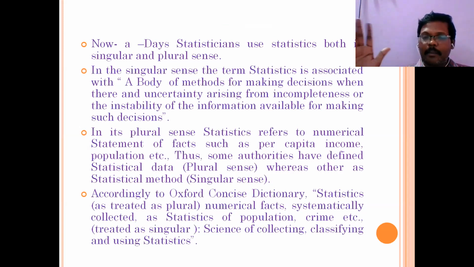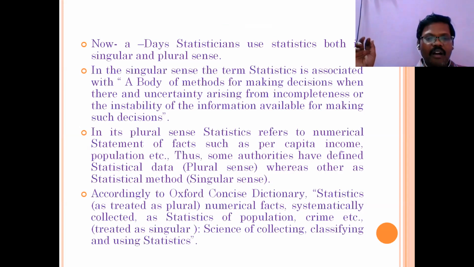The statistical method means we are going to use only one method, either Z test or chi-square test or T test, only one particular test. But data means it is the collection of all, from all we are taking this particular data. So that's why the statistical method is the singular sense, whereas statistical data is used in the plural sense.